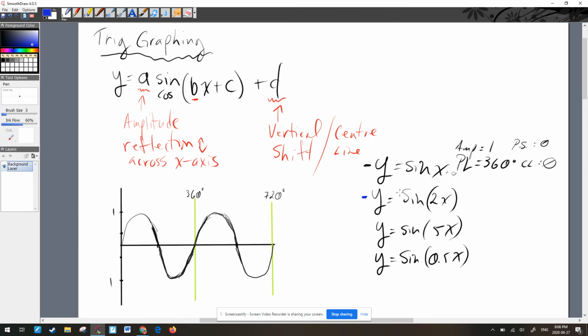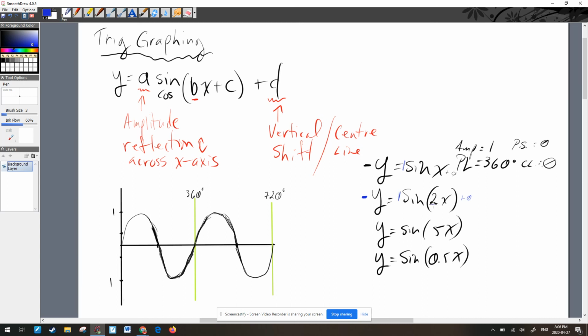That makes sense because the amplitude is also 1. If this is a 1 here, then this has got to be a 1 here. It's going to have a center line of 0 because it's not stated, so we could say plus 0 here as well. So it's still got a center line of 0, it's centered about the same direction, and it's not flipped over because there's not a negative out in front.